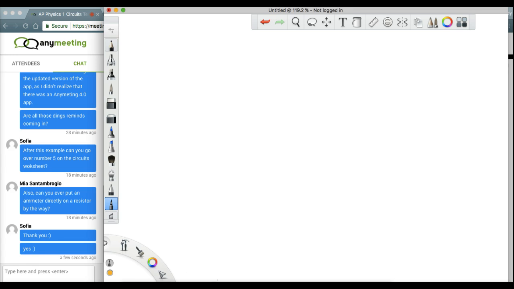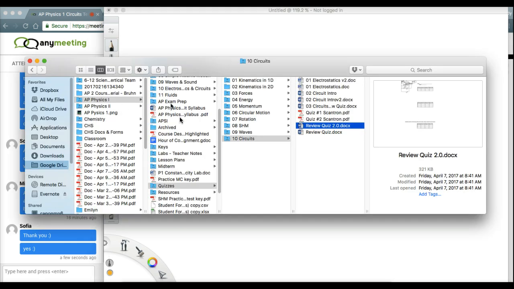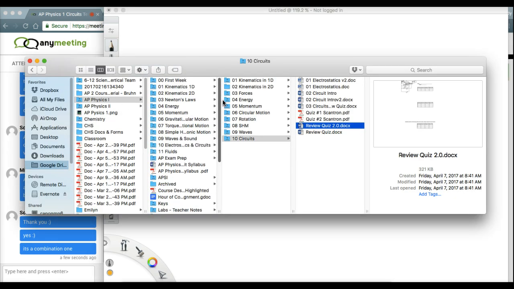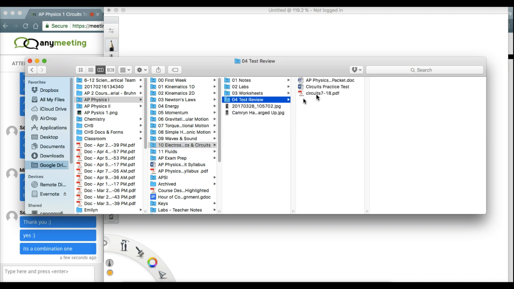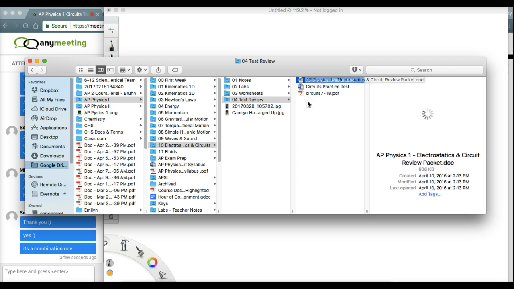Let's see if I can get that open. See if I can open up real quick that document and paste that over. So, the electrostatic circuits test review. It's going to be in here for us.